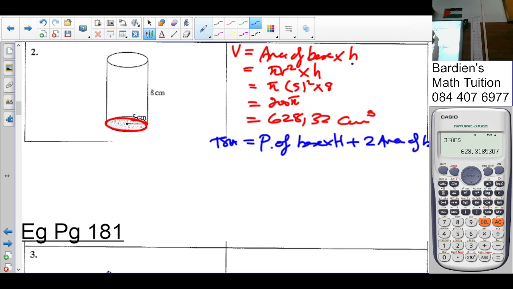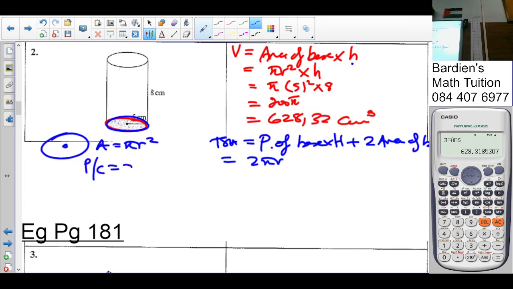That height is the same. What type of shape is the base? Circular base. How do you calculate the perimeter of a circle? 2 pi r. Remember, for a circle, the area is pi r squared, and the circumference, or perimeter, is 2 pi r. The formulas are not given in the exam, so you need to memorize them.